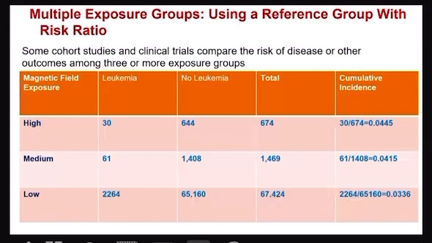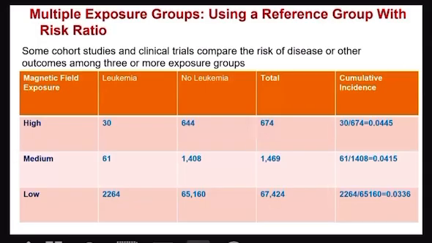And the magnetic field exposure has three levels, not just two. You could be exposed to high, medium, or low. Here I'm going to use low as the reference group, as the control, since it's the smallest on the scale.